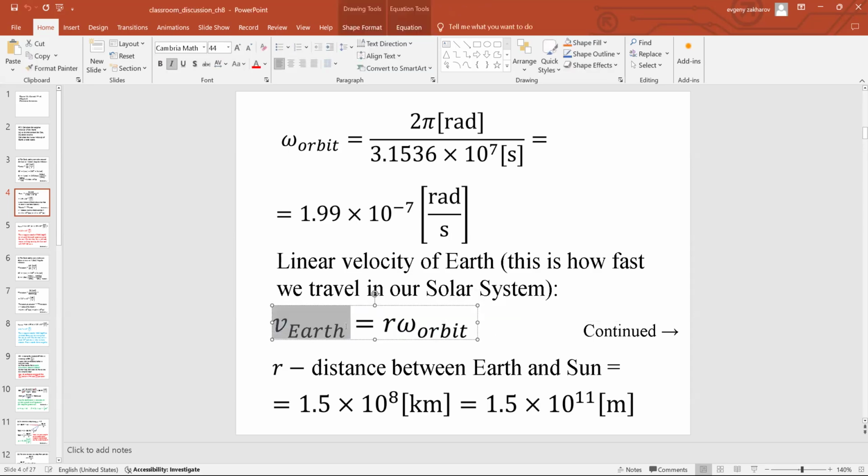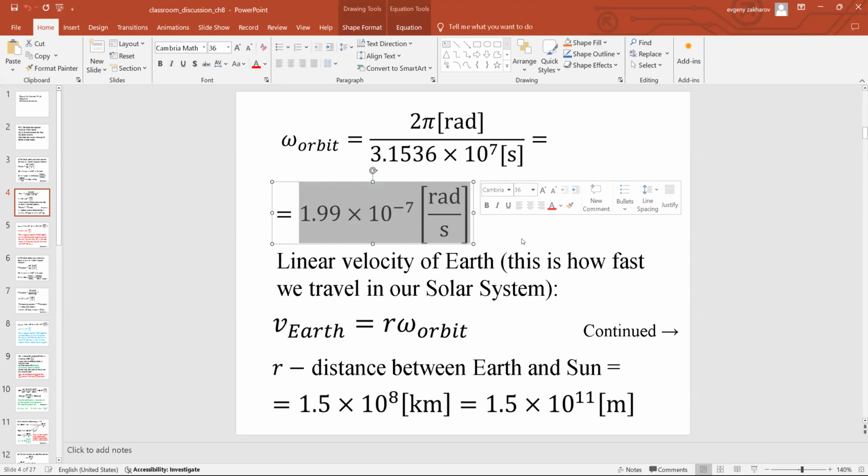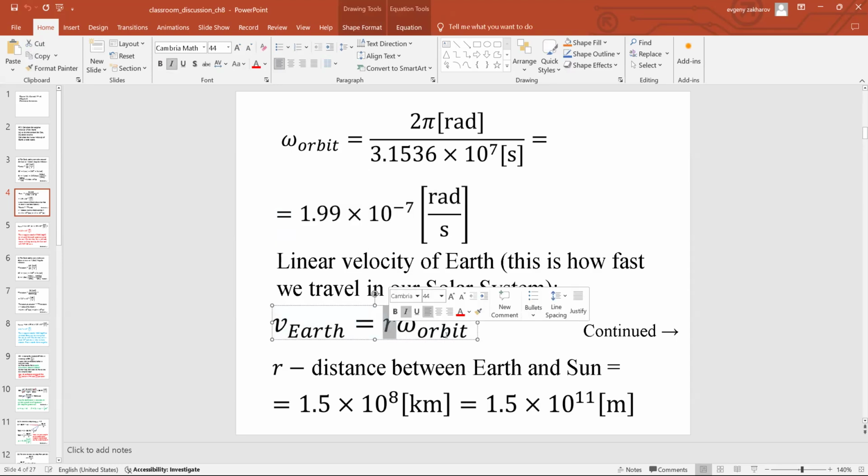This is how you calculate the linear velocity. And let's use the angular velocity that we just figured out, the omega, multiplied by r. R is the distance between the Earth and the sun. We calculate everything with respect to the sun now. So it's rotation. The radius is the distance between the Earth and the sun.